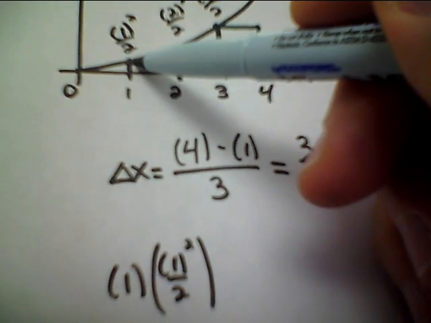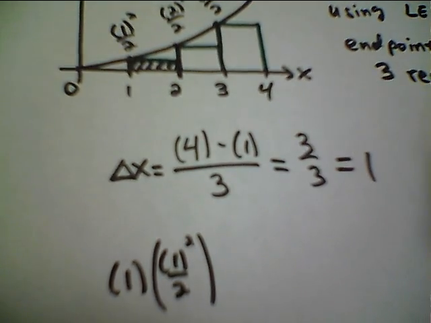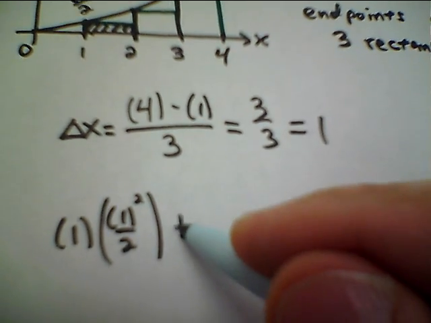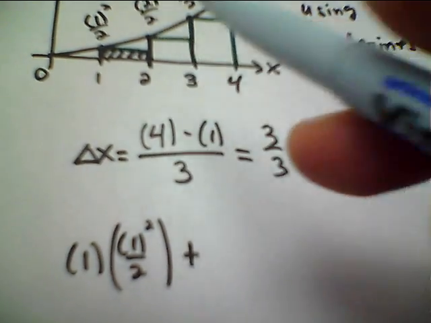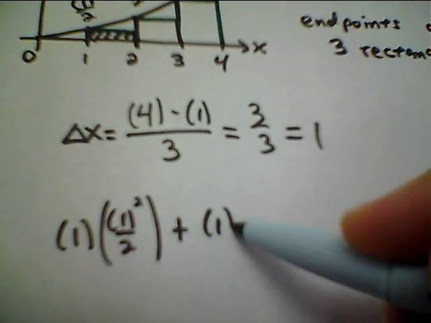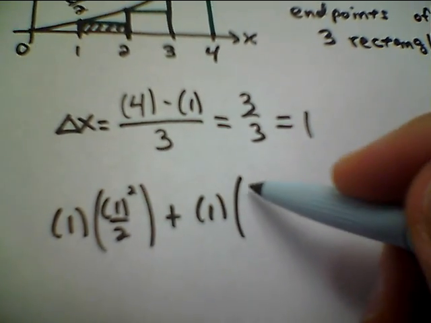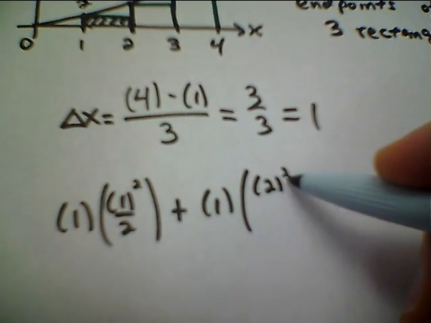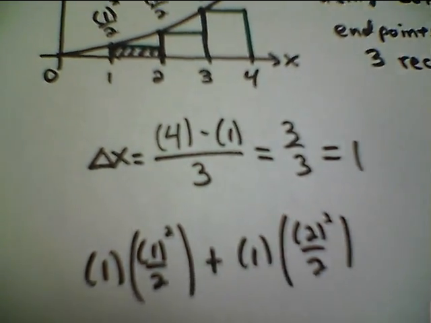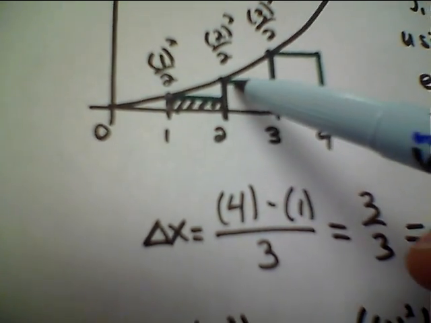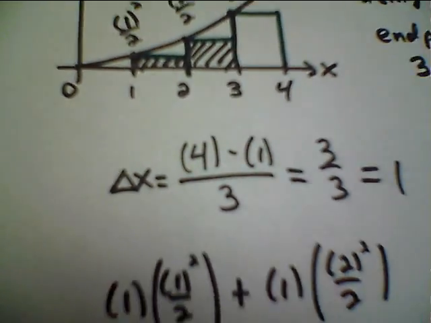That gives us the area of that rectangle. To that we add the area of the next rectangle, which is base, which is 1, times height, which is 2 squared over 2, and that gives us the area of this rectangle.